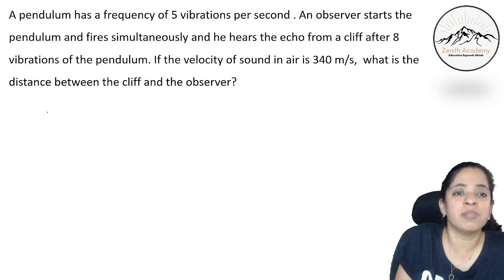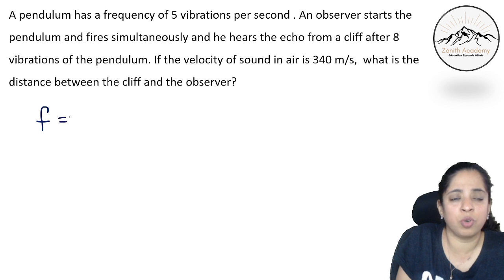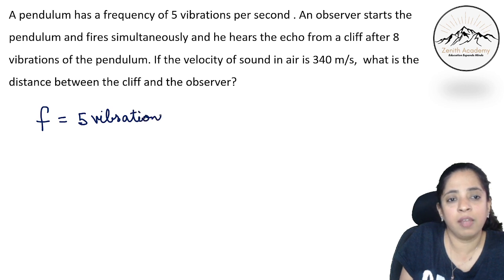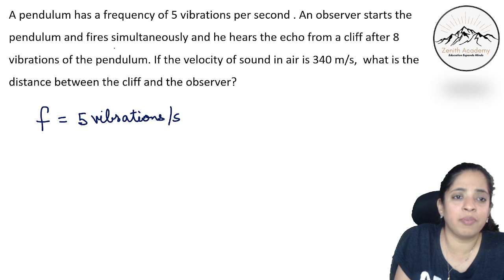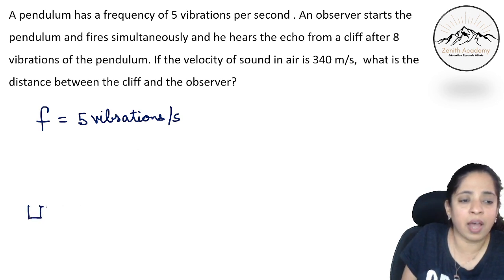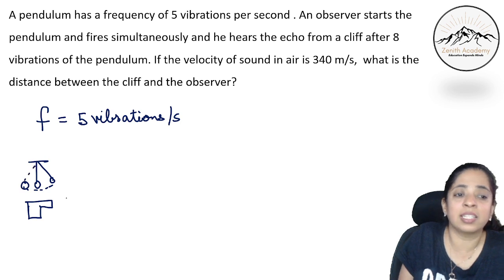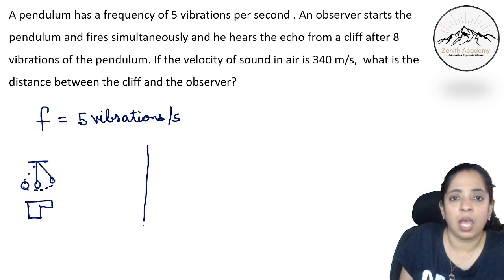A pendulum has a frequency, now I will take F so that you don't get confused, of 5 vibrations per second. An observer starts the pendulum and fires the gun simultaneously. So the gun is fired and the pendulum is started at the same time, and maybe this is the obstruction.